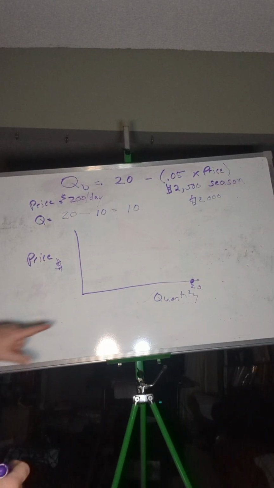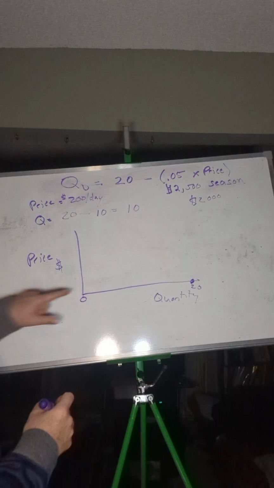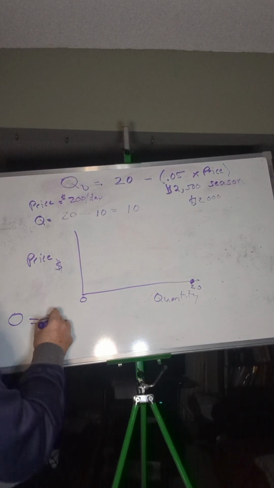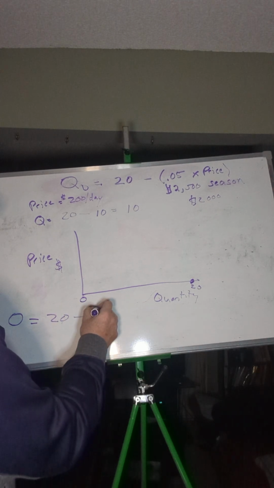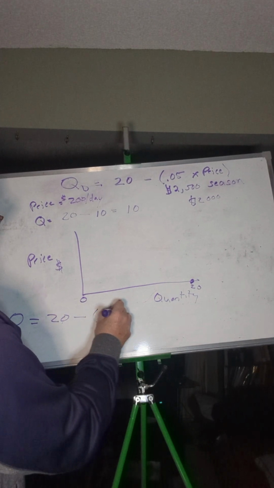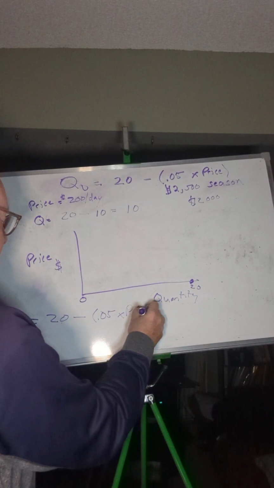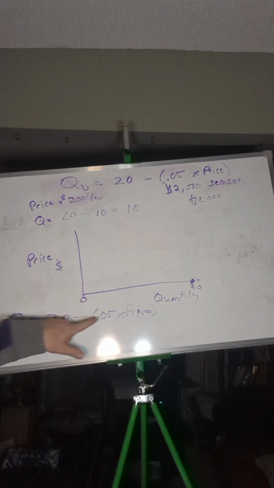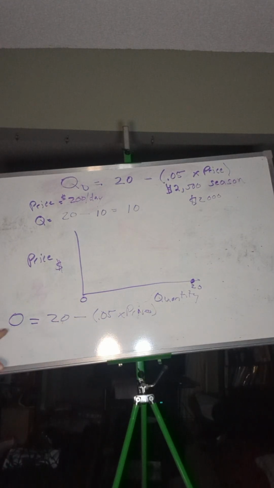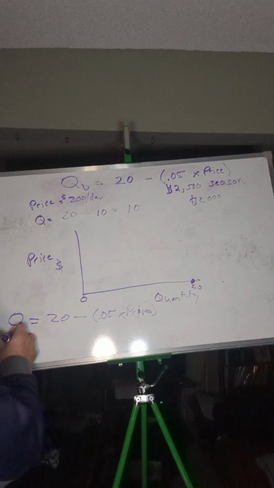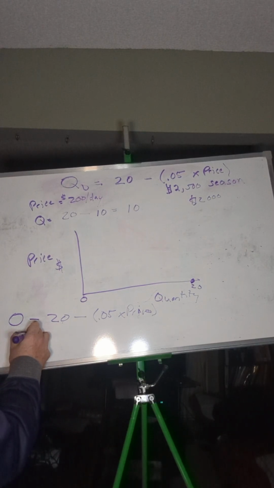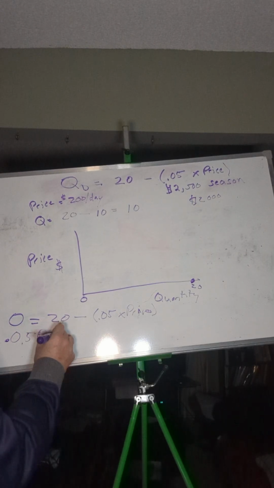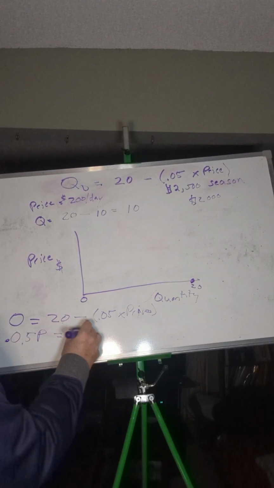Well, to do that, we realize that at that price, the quantity is 0, so we just have to solve this equation. 0 equals 20 minus 0.5 times price. So if we add 0.5 times price to both sides of the equation, which you're allowed to do in algebra, we would get 0.5p equals 20.